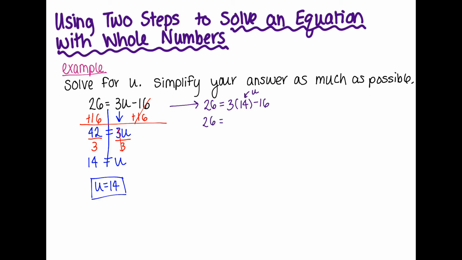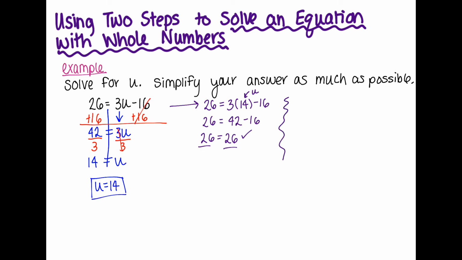So 26 is equal to, on my calculator, I could do 3 times 14 and find out that it's 42 minus 16. And then again on your calculator, you could do 42 minus 16 and see that you get 26. And because you have 26 equals 26, you have a correct answer.